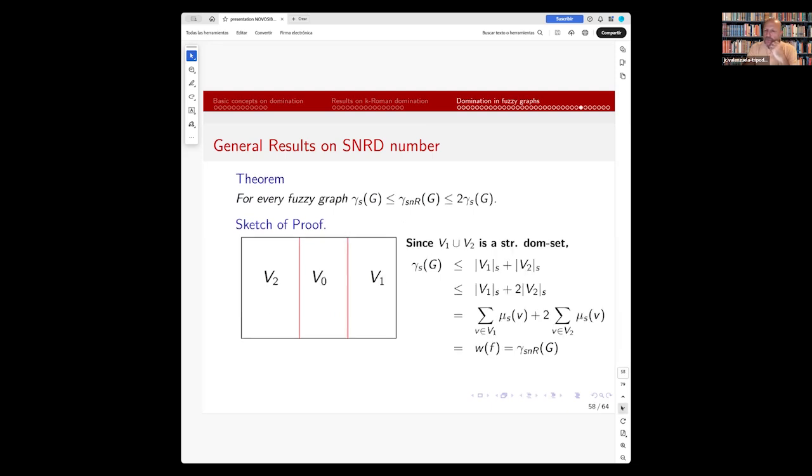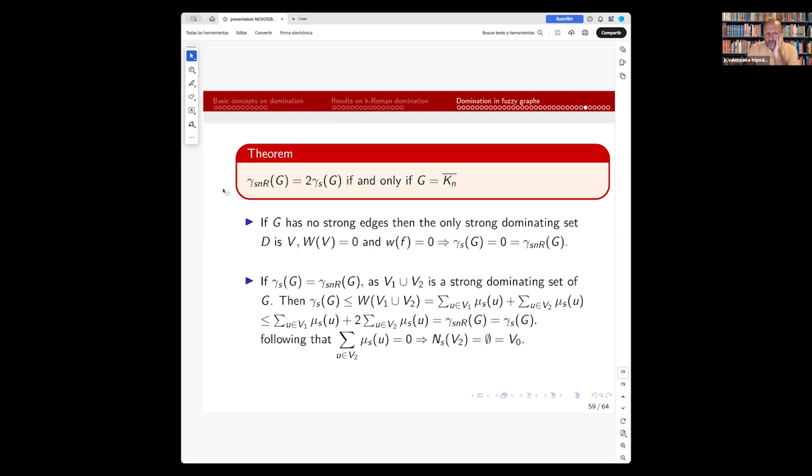I don't want to repeat it. We also characterize the graphs attaining the upper bound, that is to say, the graphs for which the strong neighbor Roman domination number is exactly twice the strong domination number. And we have proved that it is only possible for a graph without strong edges.